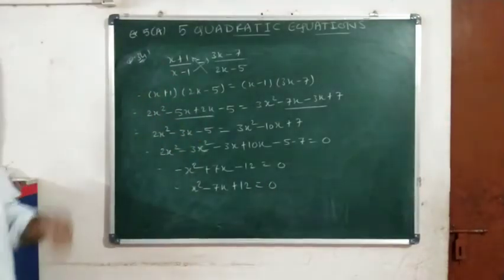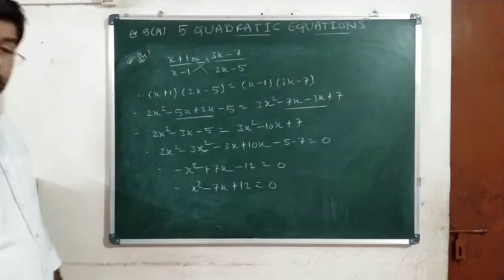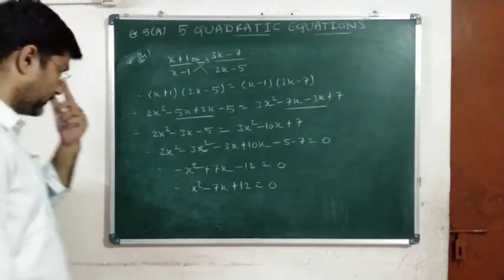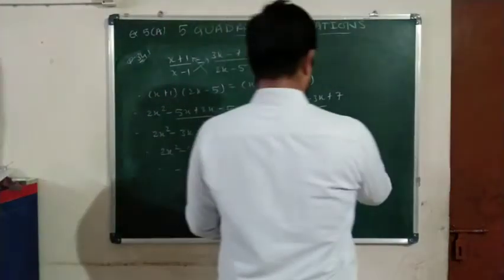Okay, now we can find two factors. 4 3s are 12, yes or no?